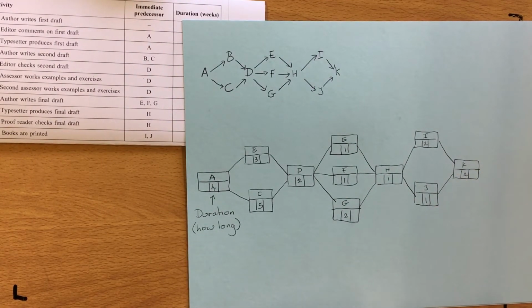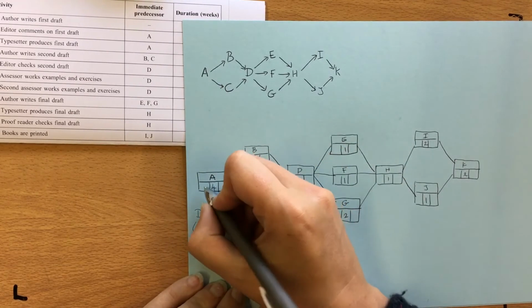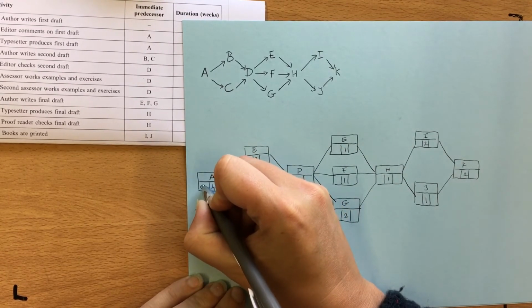So from there, what we're going to need to do is work out our earliest start times. So our earliest start times are the earliest time that something can happen. So if we're working out the earliest time things can happen, we are going to have to factor in what else has to happen first. So before A, there isn't anything that has to happen first, so this one's going to be 0.